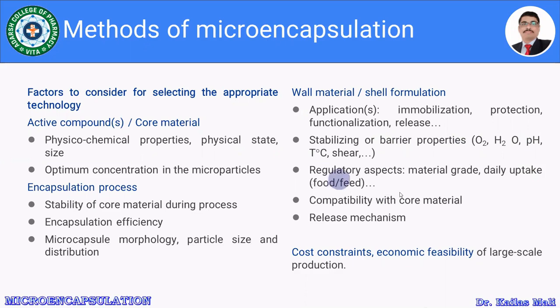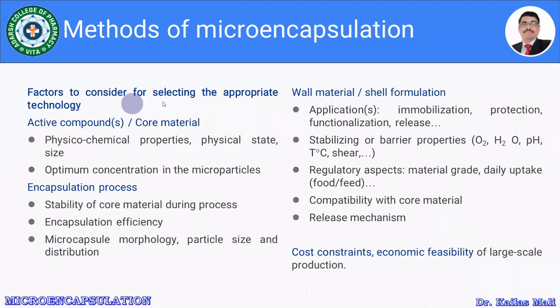Then the regulatory aspects like material grade, daily uptake, then the compatibility with the core material and the release mechanism. Furthermore, there is a need to consider the cost and the economy, whether the methodology which is selected is feasible as well as economical or not.